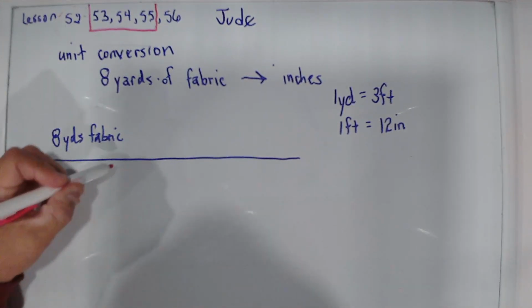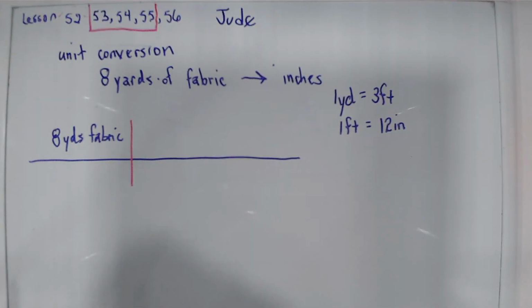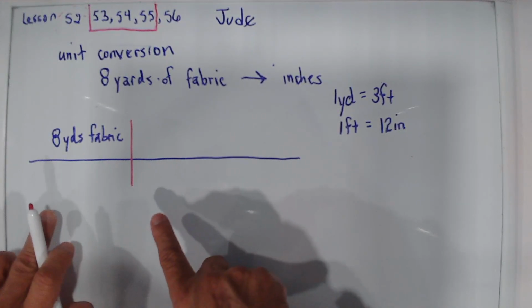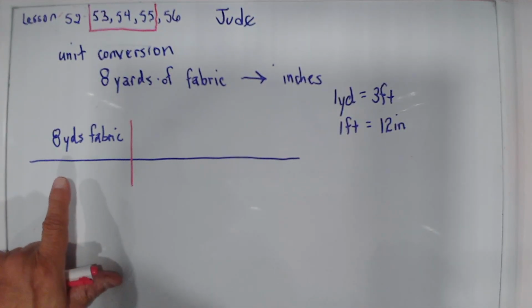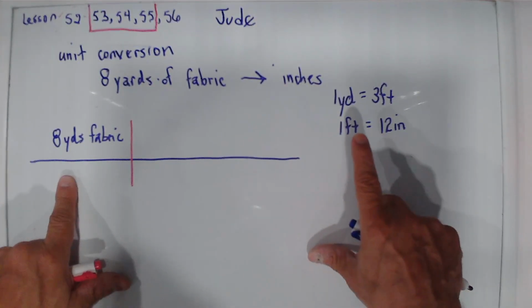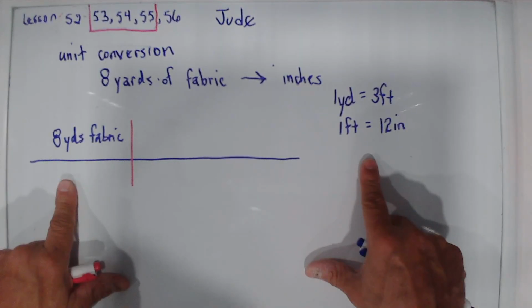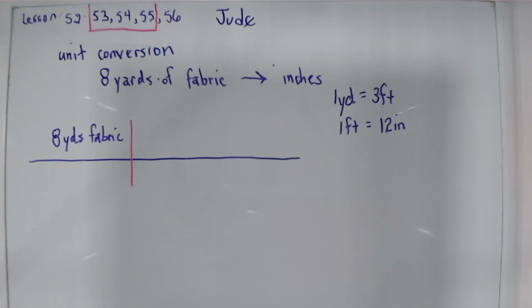Well, let's find out. I always like to use the bar because I always like to keep my units straight. So what do we have here and on this side here that we can use to cancel out yards in order to get to inches? Is there a way to get from yards to inches?